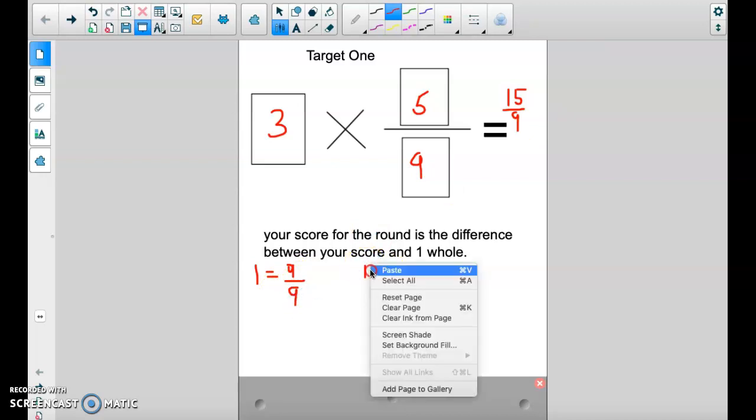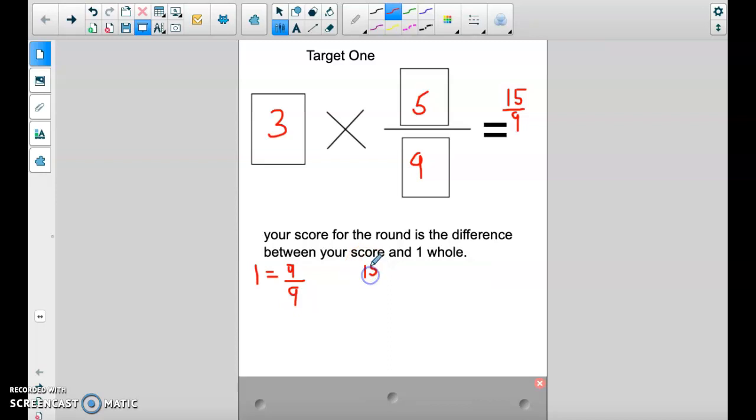So then 15 ninths minus 9 ninths equals 6 ninths. So my score for this round would be 6 ninths.